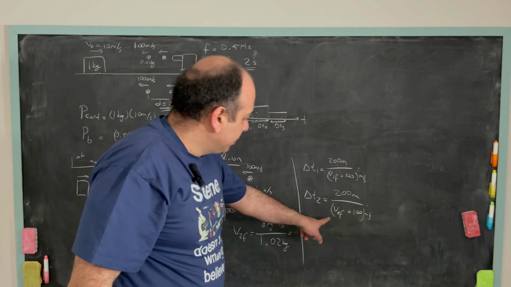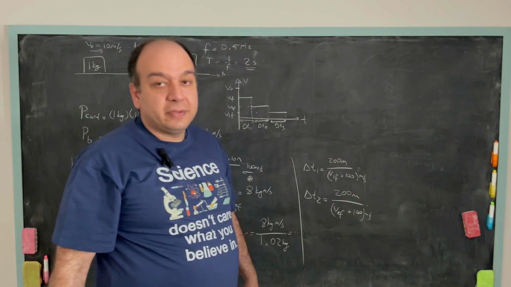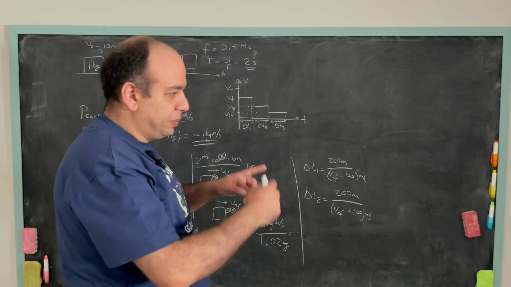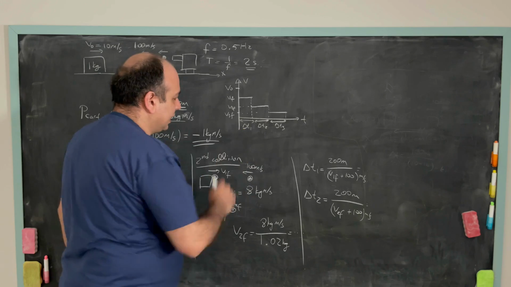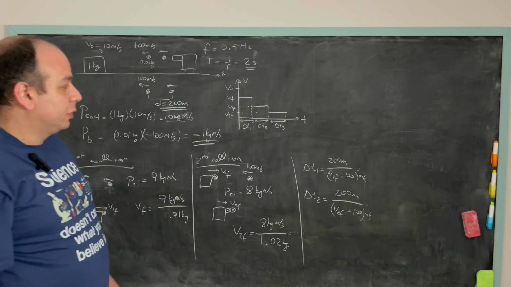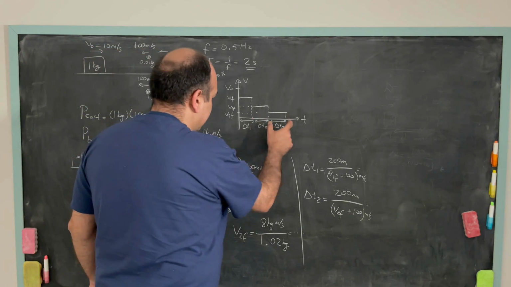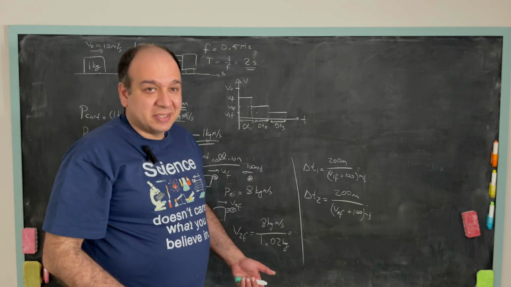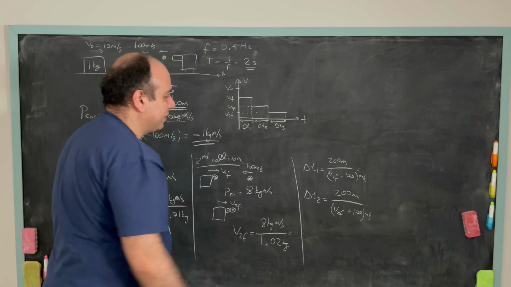So as you see here, V2F is going to be less than V1F, so then delta T2 is going to be bigger than delta T1. In other words, the time between successive collisions is increasing as time goes by, right?